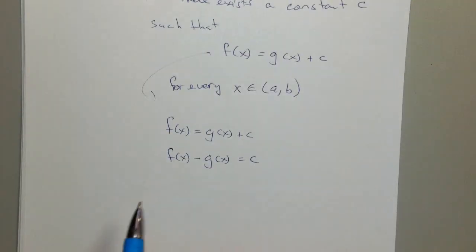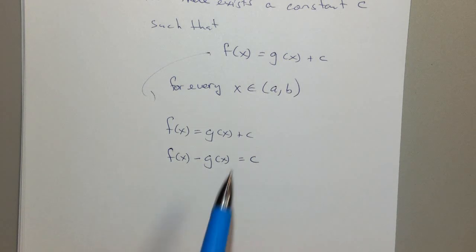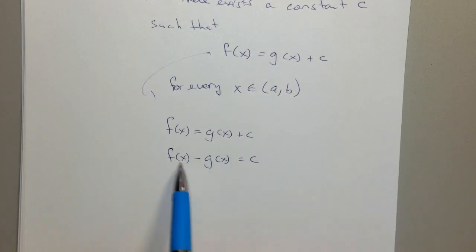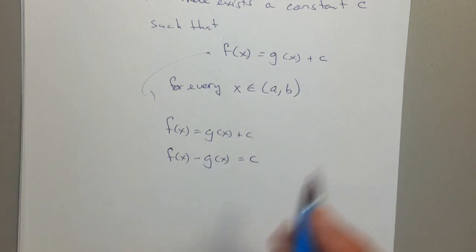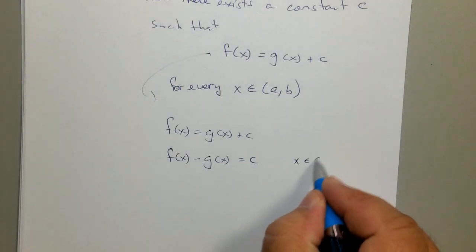If we subtract g of x from both sides, then what we have is f of x minus g of x equals some constant, for x in (a, b).